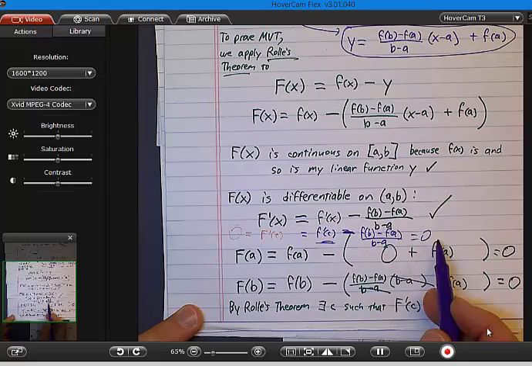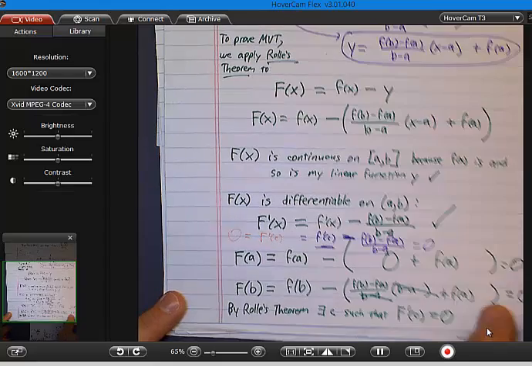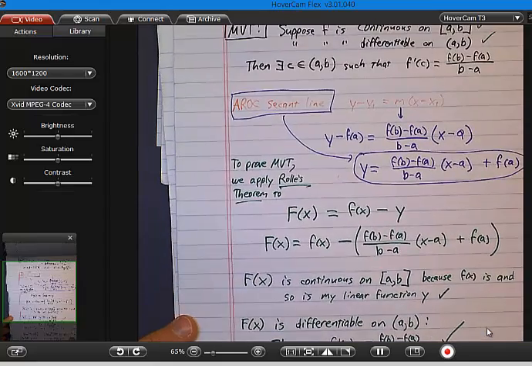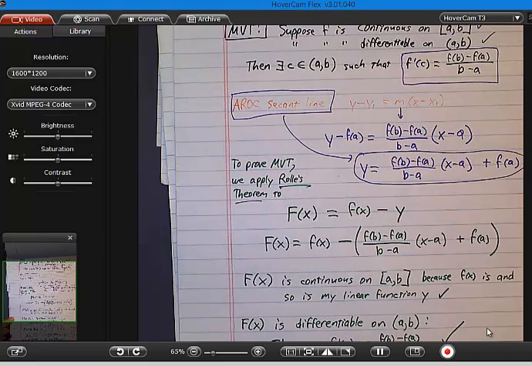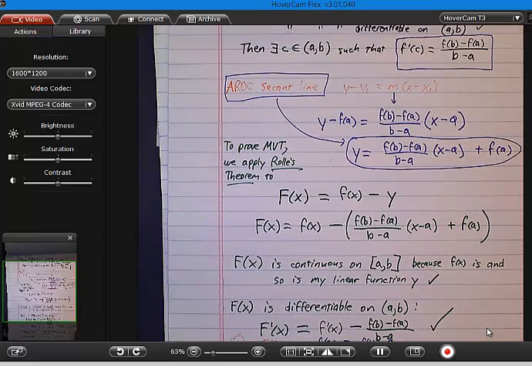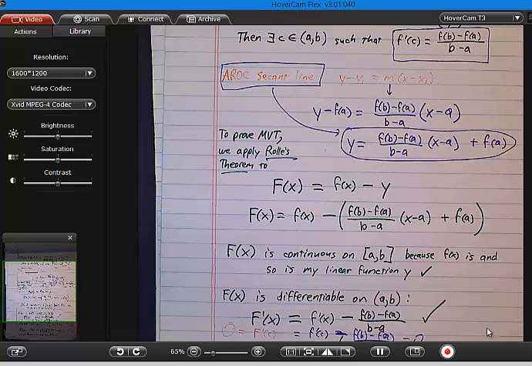Move that fraction to the other side, and then you have what we were trying to prove. You see it? We got big F prime of C equals 0 using Rolle's theorem, and that proves the mean value theorem. So I think that's really kind of cool.